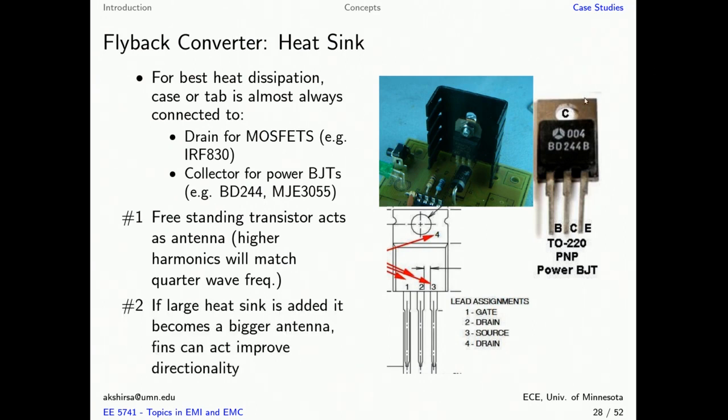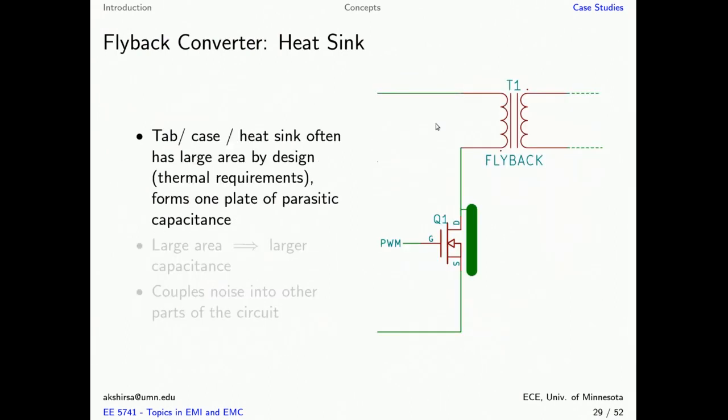Supposing we add a large heatsink, that heatsink just becomes a bigger antenna, and sometimes the fins on the heatsink can improve or change the directionality of that antenna as well. So that's not such a good idea. As I mentioned, the tab case or heatsink often has a large area by design because it has to dissipate a lot of energy, and it forms one parallel plate of a capacitance.